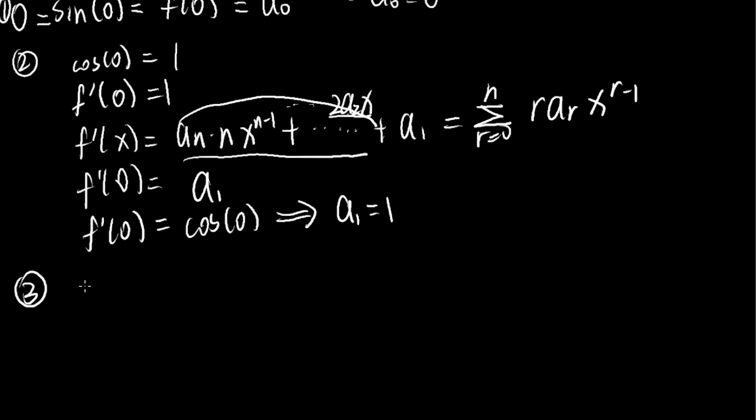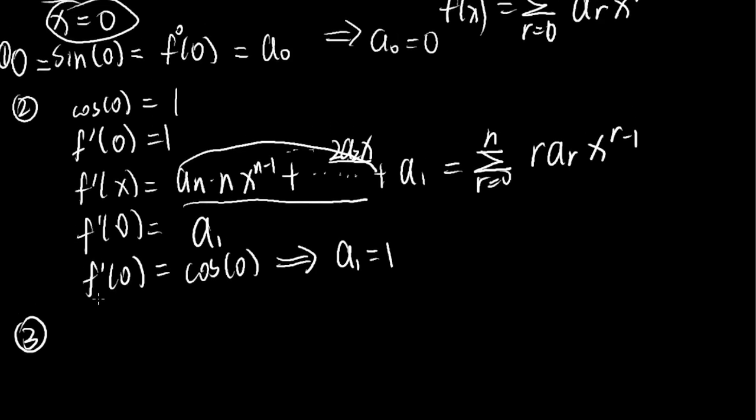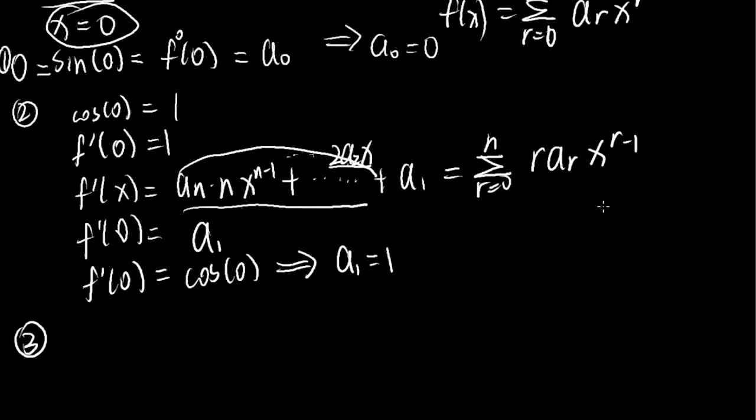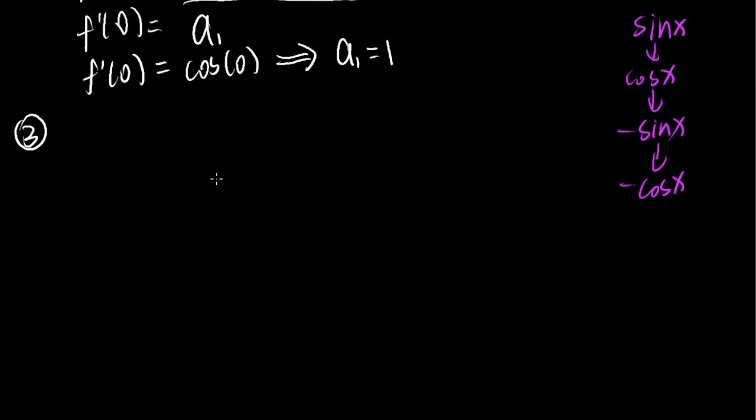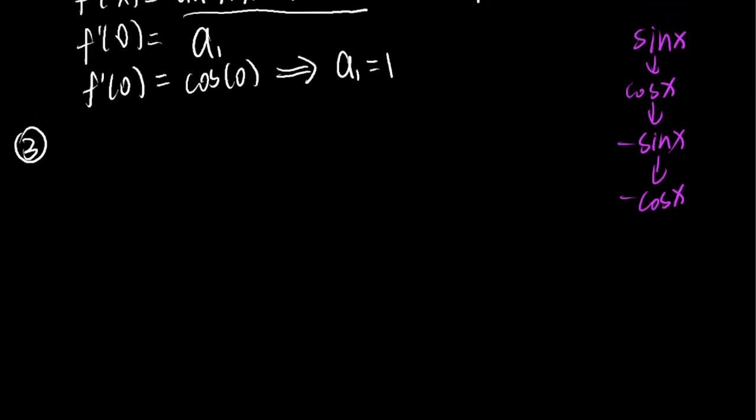We can then expand the next step. We write down the derivatives of sine x: cosine x, negative sine x, negative cosine x. For the third one, which is negative sine x, we know that negative sine 0 is 0.